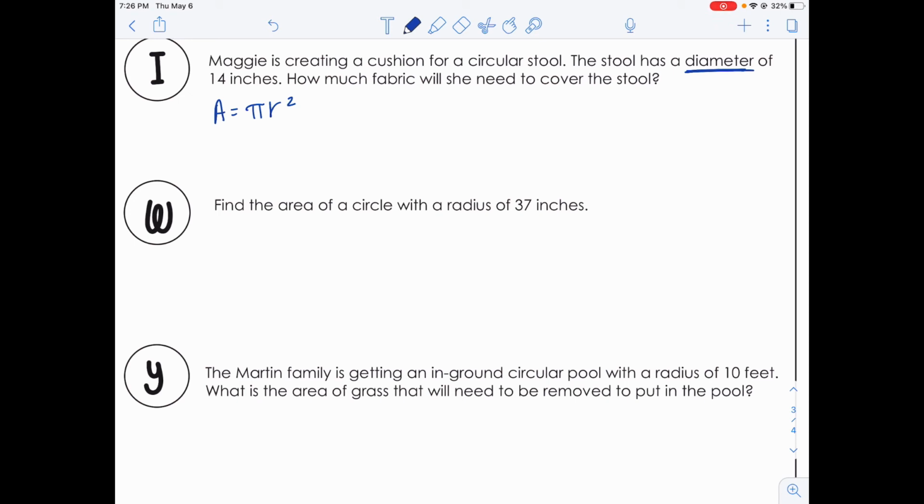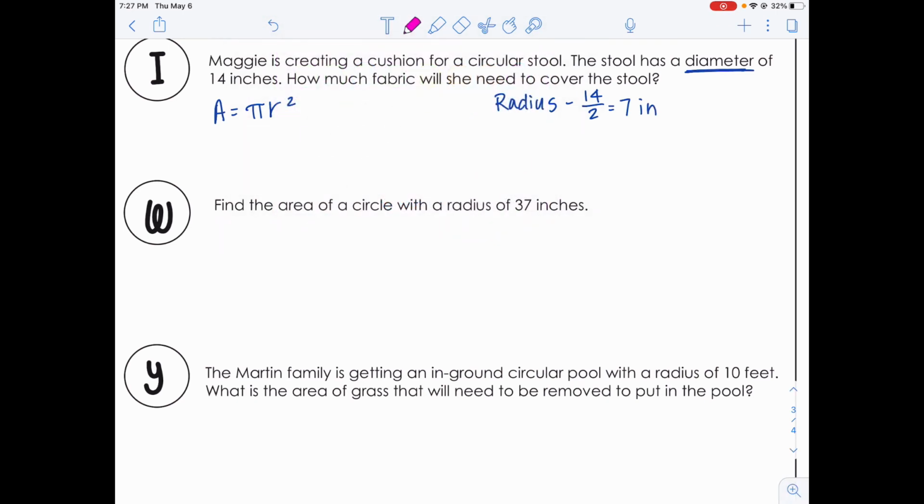To find the radius, we take the diameter, which was 14, and divide it by 2. 14 divided by 2 means that the radius for this circle is 7 inches.